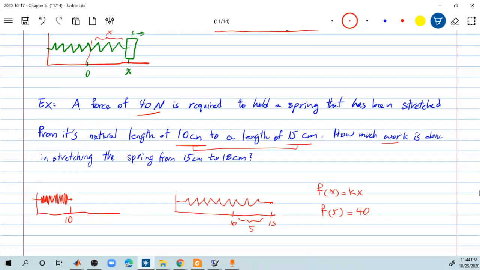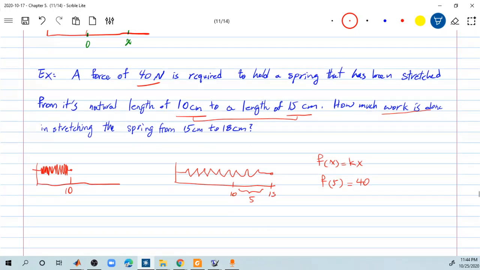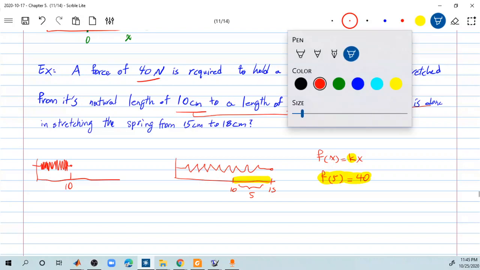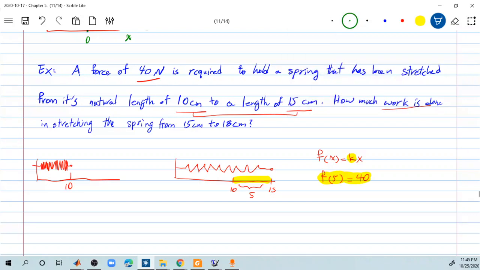And they ask how much work is done if you stretch the spring from 15 to 18. What you need to figure out first is this constant k. How do you figure it out? Through this given information, because f of 5 is 40 and this length was 5. So 40 must equal k times x, and x was 5.